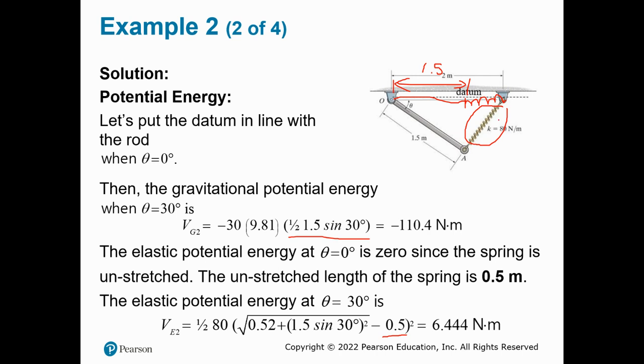We're going to calculate the length of this side, which is the current length of the spring. And then putting that together, we can calculate the elastic potential energy at 30 degree.